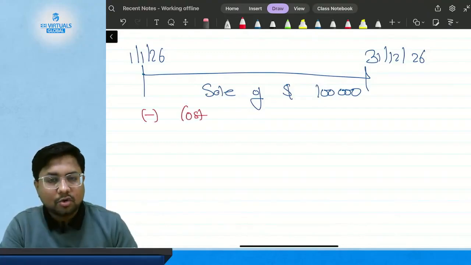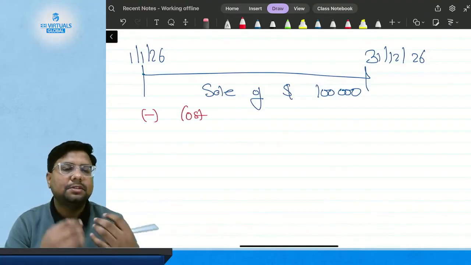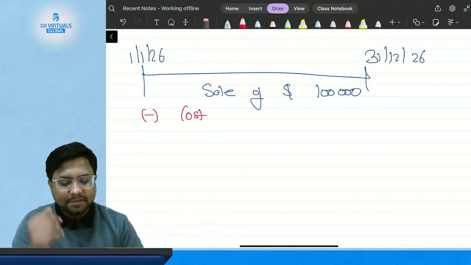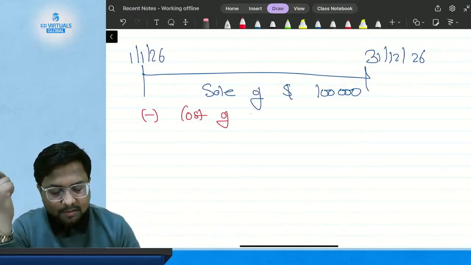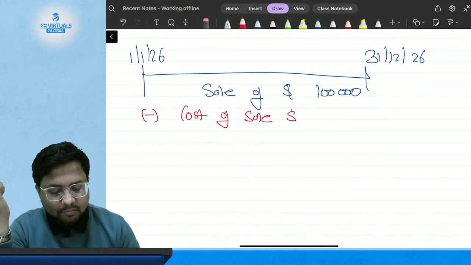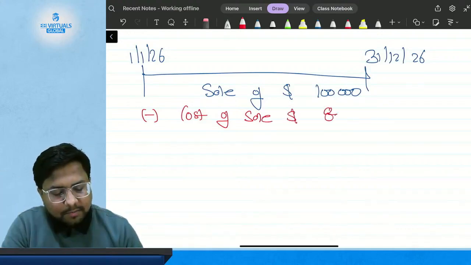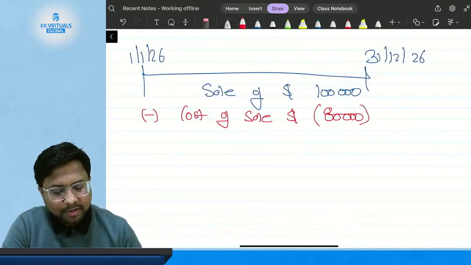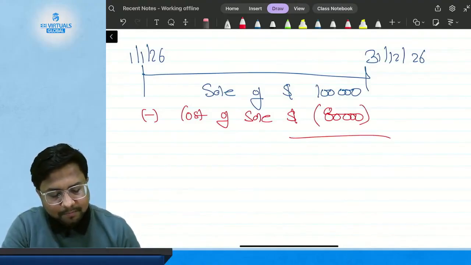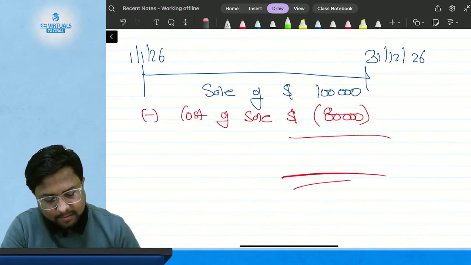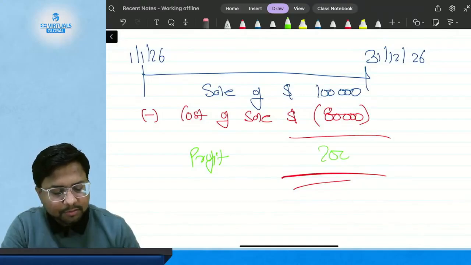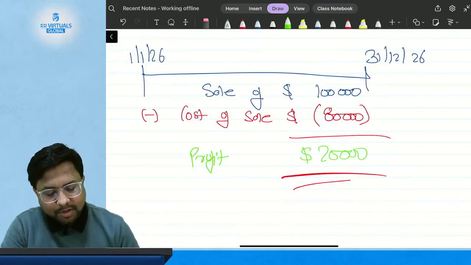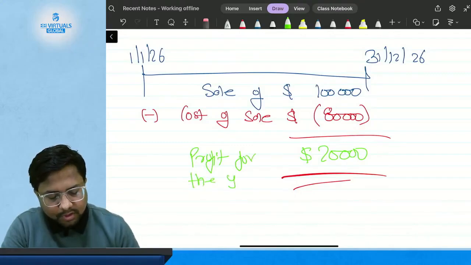I have purchased goods, I have purchased services, I have made certain expenses. So the cost of sale was $80,000. If I deduct this amount from my total sale, what will I get? I will get a profit of $20,000, which is my profit for the year.